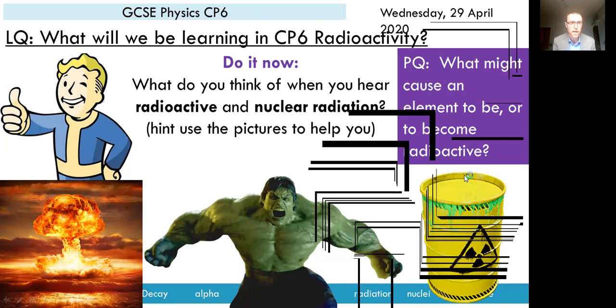You can also add the LQ, what we will be learning in CP6 radioactivity, or just CP6 radioactivity lesson 1. I'd like you to pause the video whilst you write down everything that you can think of, and then start the video again, and I will let you know of some of the things that I think of when I hear radioactive and nuclear radiation. Okay, you can pause the video now.